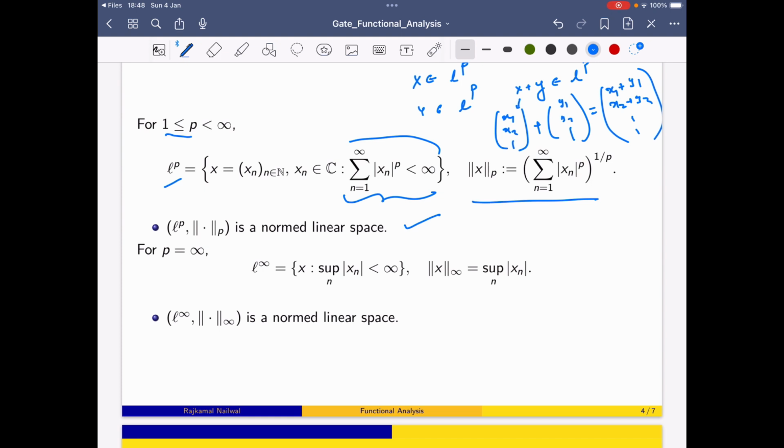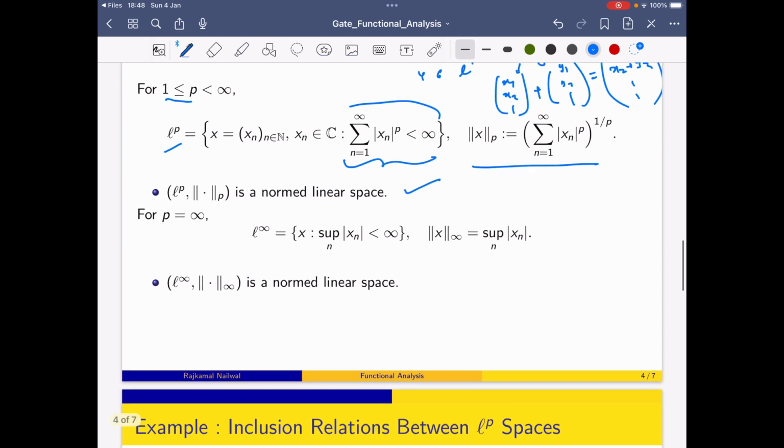But you can also define a normed linear space for infinity. The definition is that you collect all the sequences for which the supremum of all the xn's is finite. That means it should be a bounded sequence. If x is a bounded sequence and y is a bounded sequence, then the sum is also bounded.